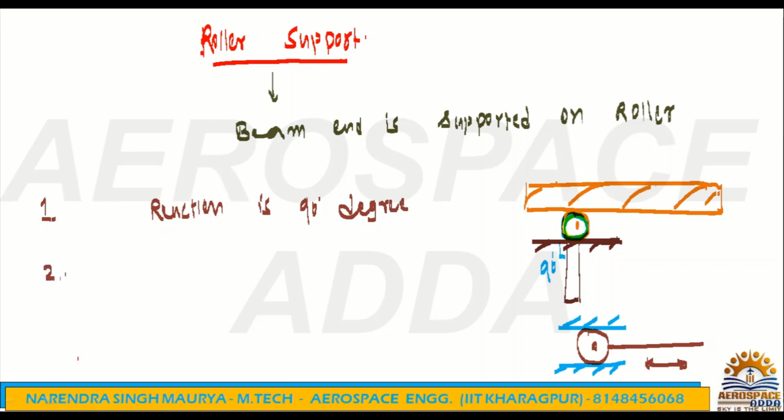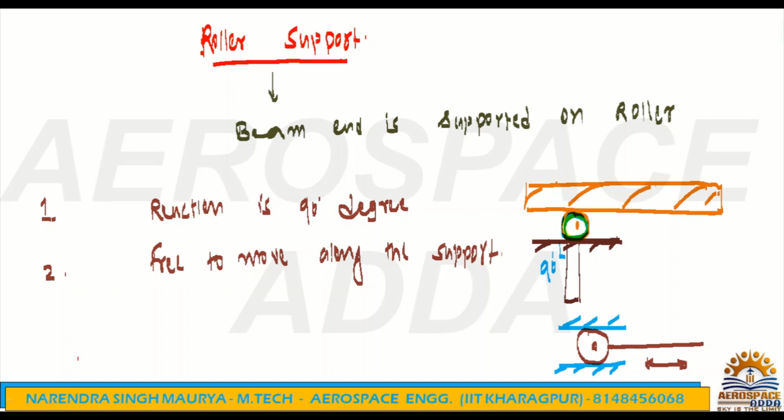Number two, for roller support, the beam is free to move along the support.